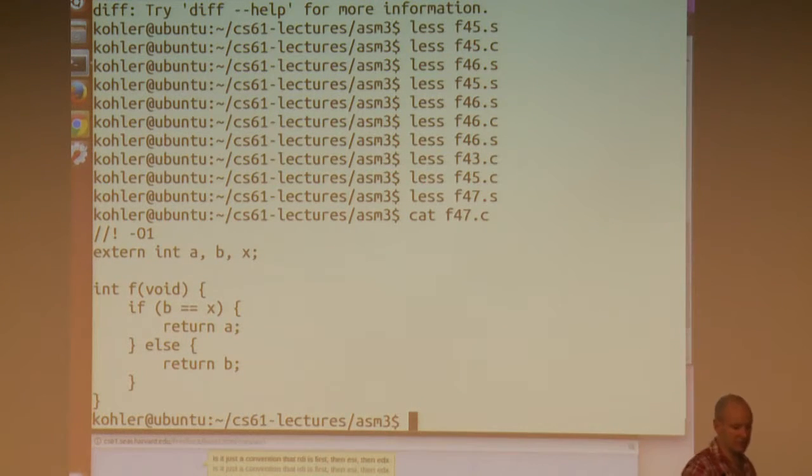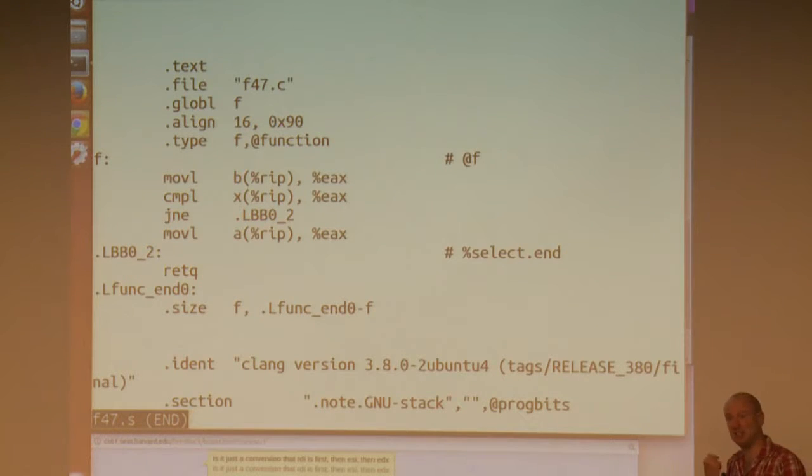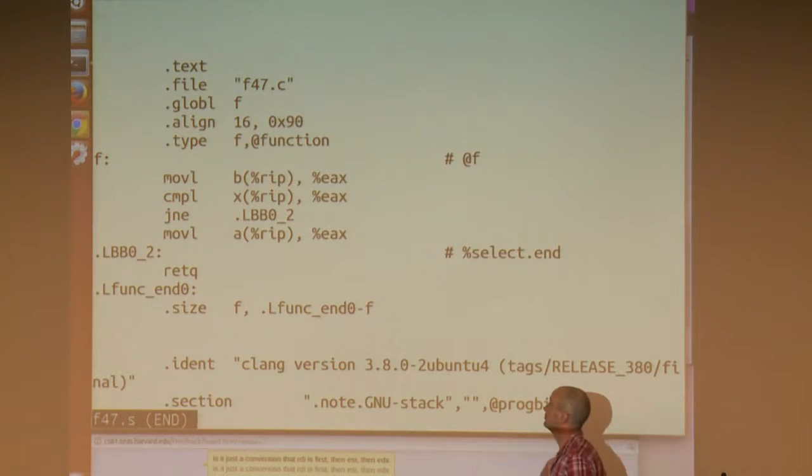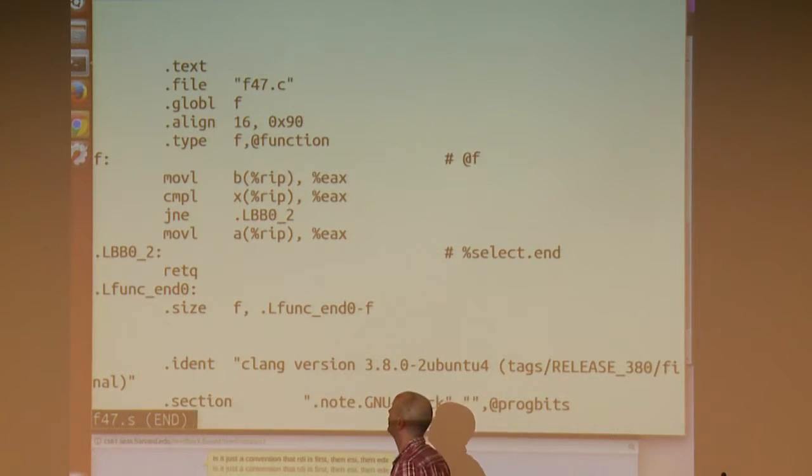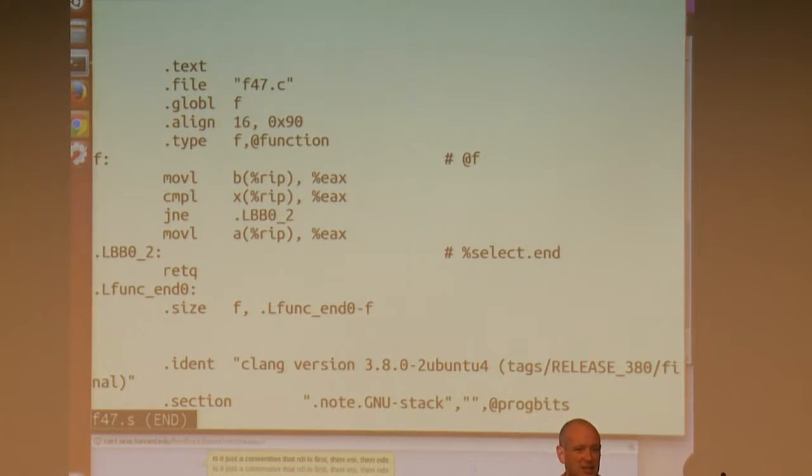So how that turns into assembly is kind of interesting. It uses the flags and condition codes registers. So here's what we do. First, we move B into EAX. And what's interesting about EAX, of course, is that EAX is the return register. So since it's the return register, when we move something into it, we might very well return that thing.